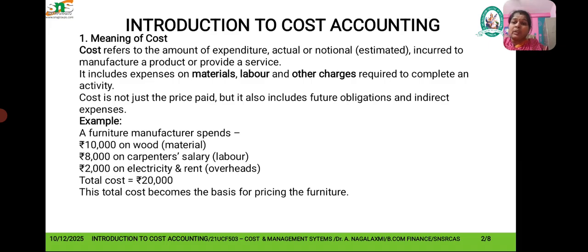This total cost becomes the basis for pricing the furniture. So this 20,000 is not the selling price. It is the expenses incurred in manufacturing the furniture. So here we have to include the profit so that we can have the selling price. This is what about cost.